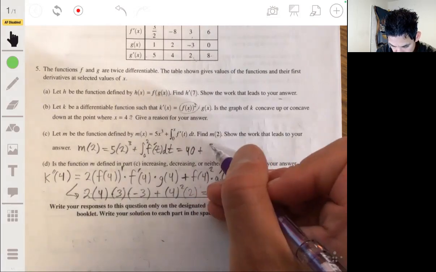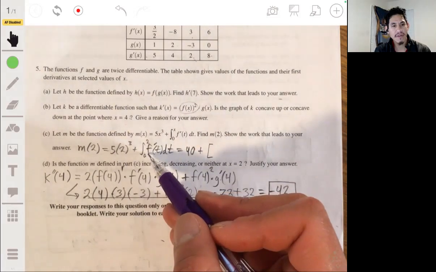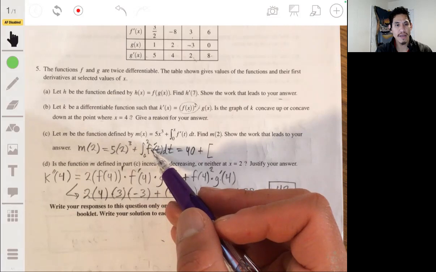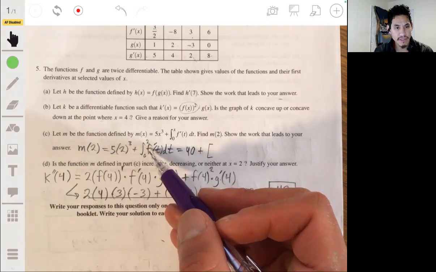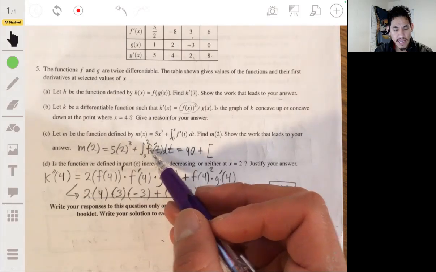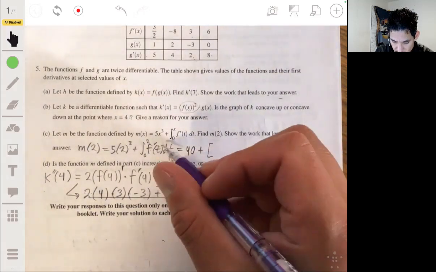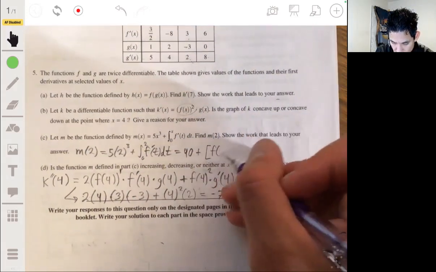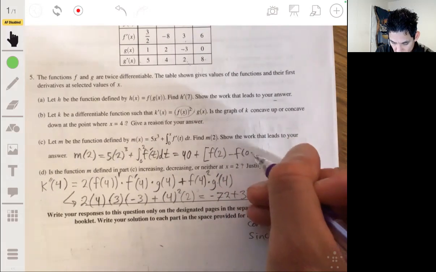Plus, now we want to find the antiderivative of f prime, which will be f of x. And for that, we're going to, again, use the Fundamental Theorem of Calculus. So this will be f of 2 minus f of 0.